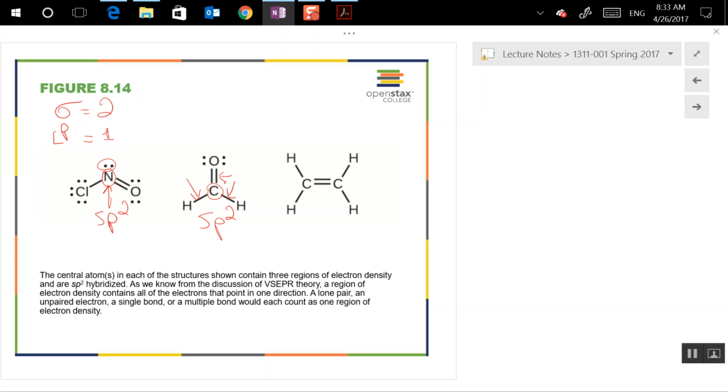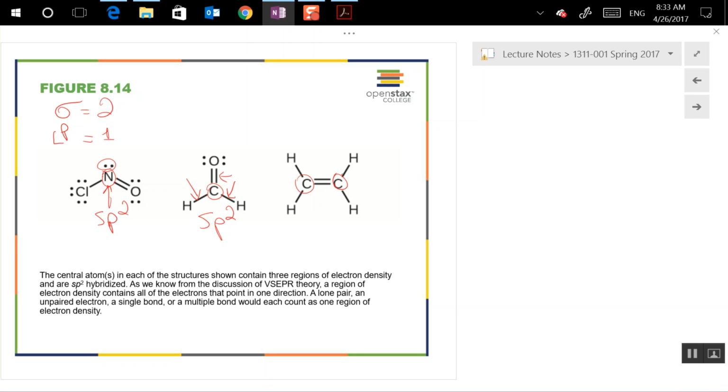The pi bond is the unhybridized orbital. So I have sp2. How about this one? What's this carbon's hybridization? sp2. What about this carbon's hybridization? sp2. All of these are sp2 hybridized.